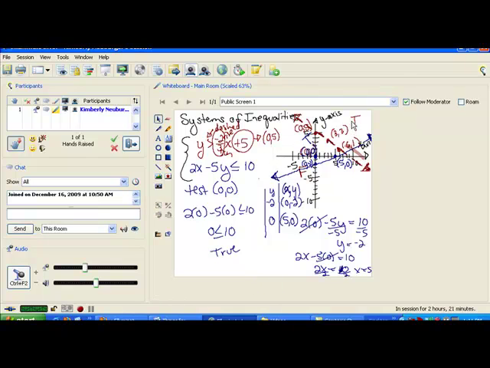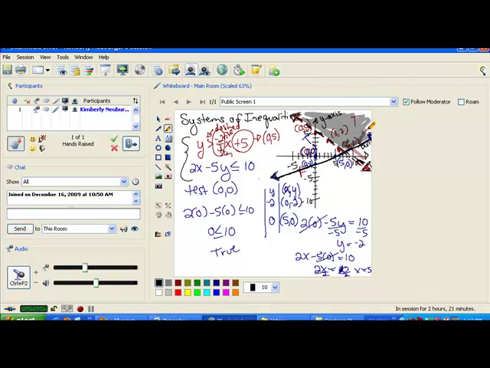I'm probably not going to get that shading there. So let's go ahead and make our answer in black. Our answer in black is going to include this solid line here. It's going to include the dashed line right here. And then the spot where the two overlapped was up in the corner here. So we're going to shade everything in just this corner.